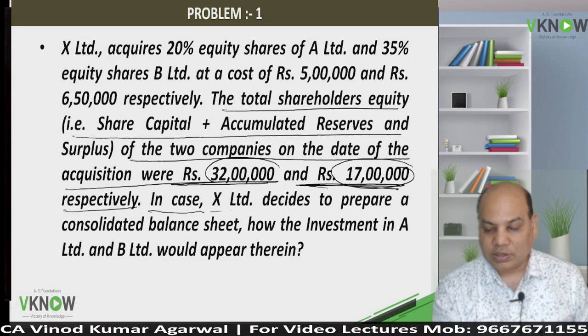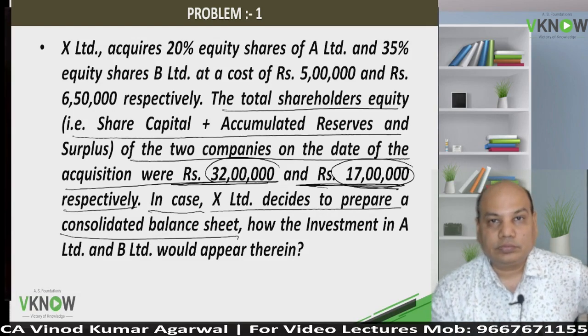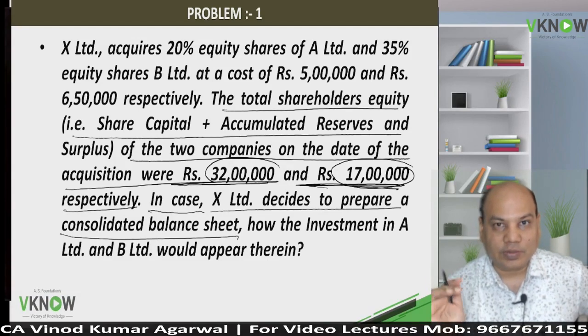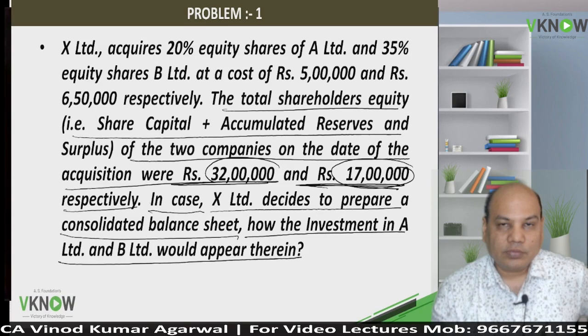In case X Limited decides to prepare a consolidated balance sheet, they have to prepare the consolidated balance sheet so that they can apply AS 23. How would the investment in A and B appear therein? The investment would appear on the asset side as a long-term investment.